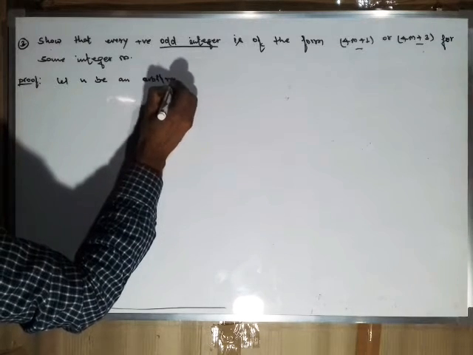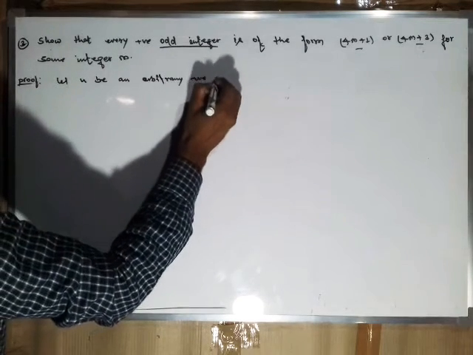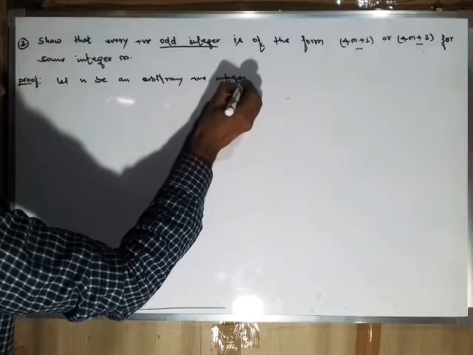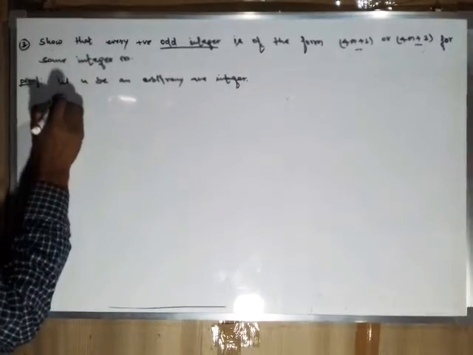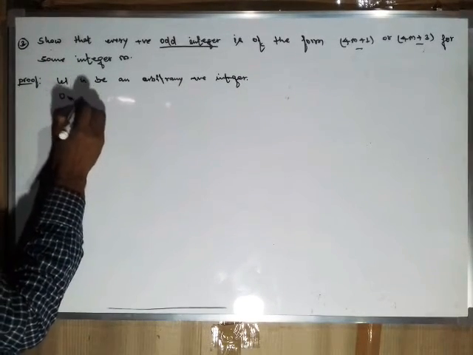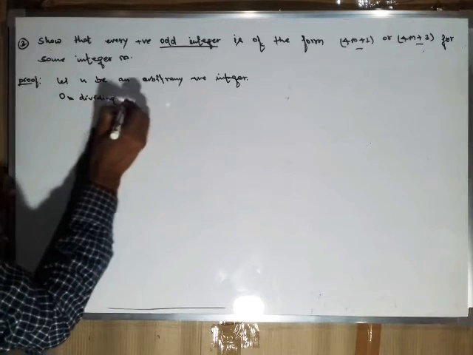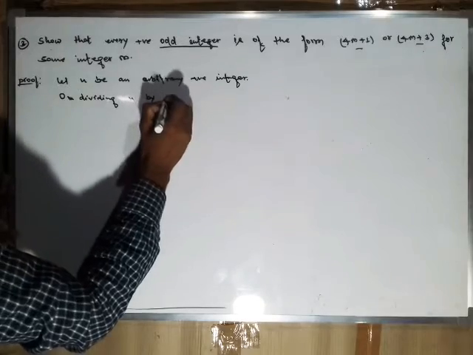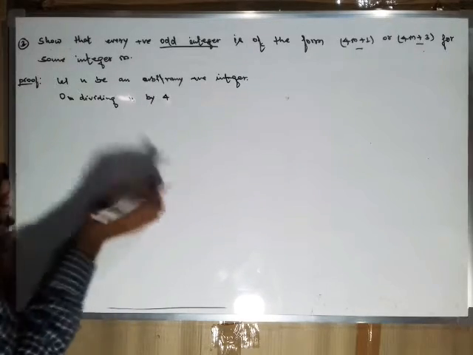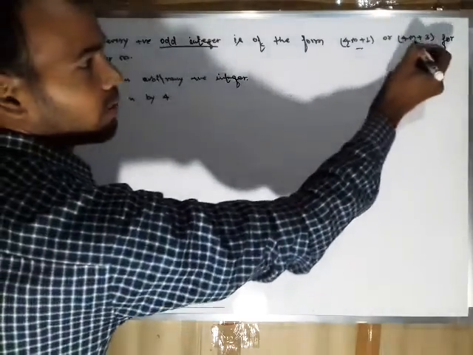arbitrary positive integer. Clear? On dividing n by 4, divisor, here is divisor 4. Clear?